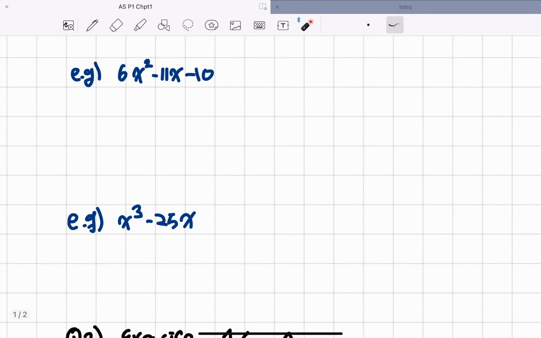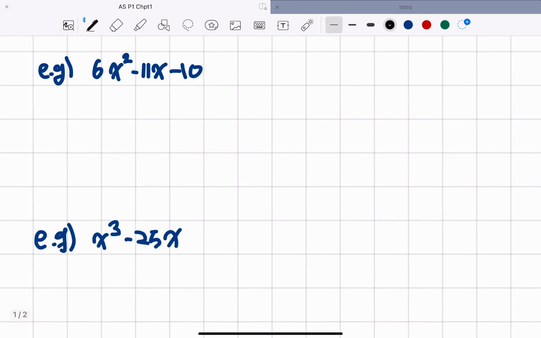So anyway, this one is a kind of simple example, right? So 6x squared minus 11x minus 10. Factorize. So yeah, let's try this one. So we can just make some position like this to make it easy. So let's say, because this one is x squared and the middle part is this x, right?